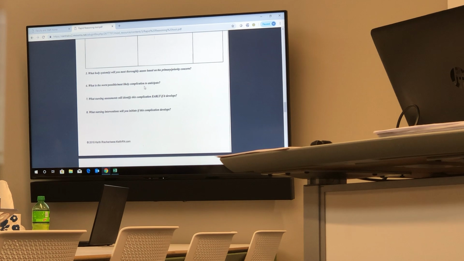What is the worst? This one I'll ask you. What's the worst possible scenario that I'm going to anticipate? Because if you don't recognize that, you're not safe with that patient today. What's the worst possible scenario here? And what assessments am I going to have to do so that I notice the early symptoms?